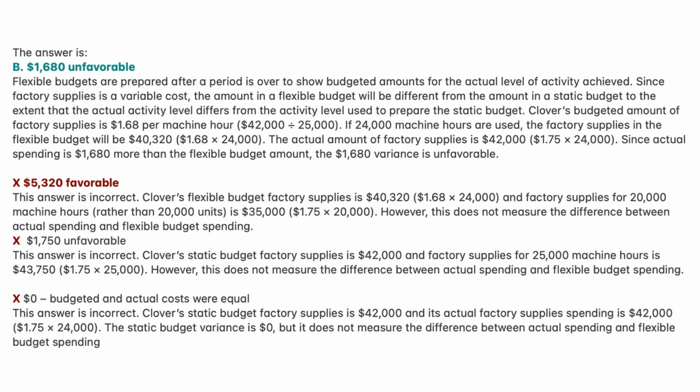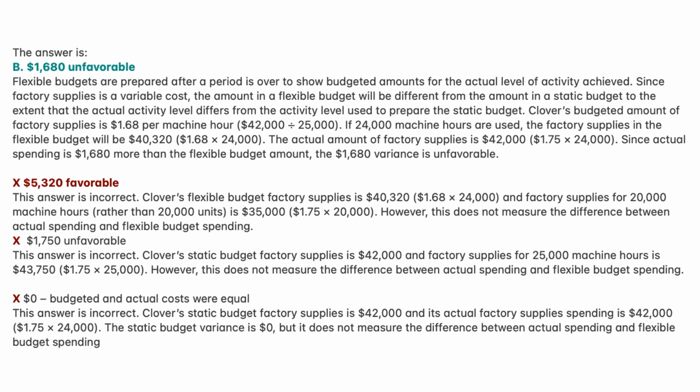activity achieved. Since factory supplies is a variable cost, the amount in a flexible budget will be different from the amount in a static budget to the extent that the actual activity level differs from the activity level used to prepare the static budget. Clover's budgeted amount of factory supplies is $1.68 per machine hour, $42,000 divided by 25,000.